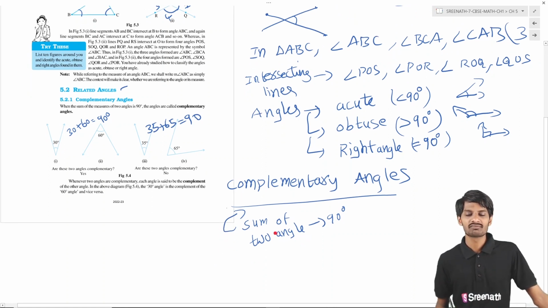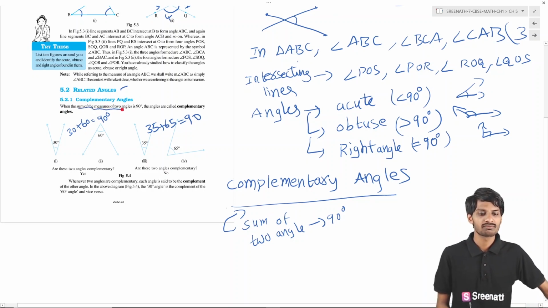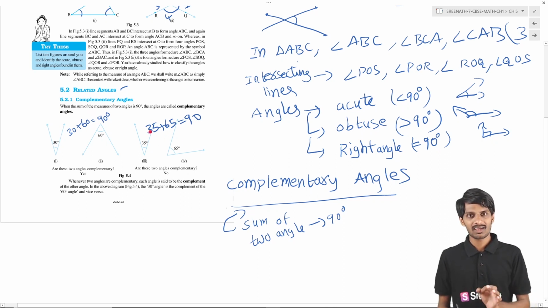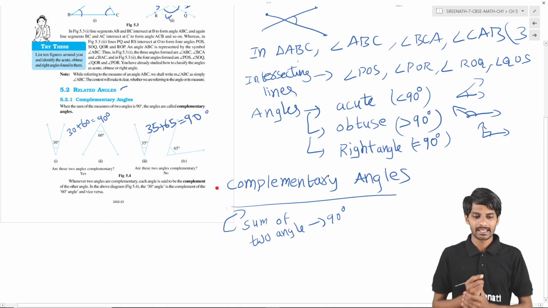If the sum of the measure of the two angles is 90 degrees, then the angles are complementary angles. So this is a complementary angle. Why? Because if you add this angle and this angle, you will get 90 degrees. In this scenario also, when you add these two angles, you get 90 degrees. So these are the complementary angles, students.